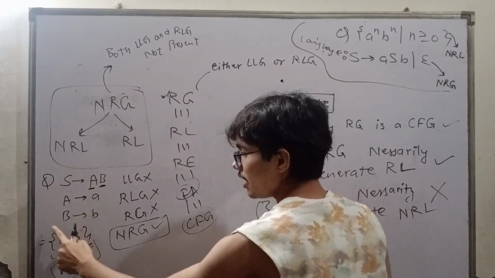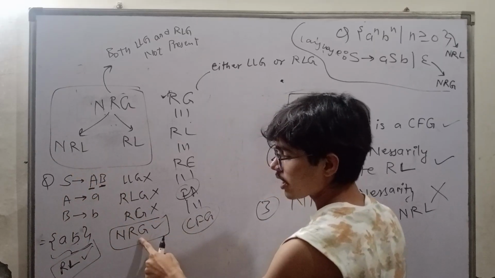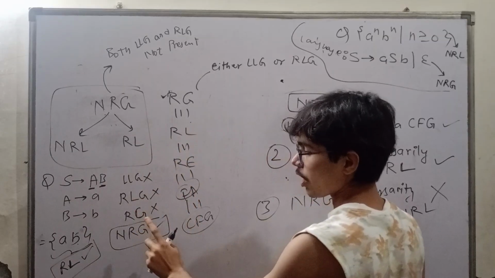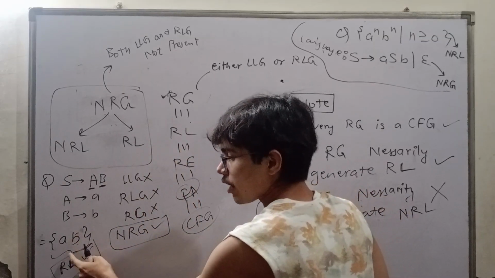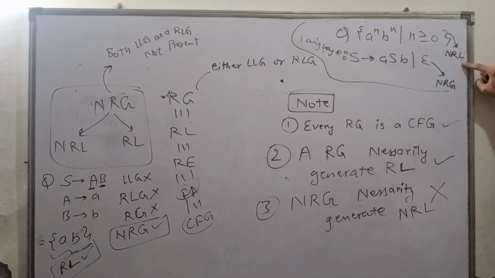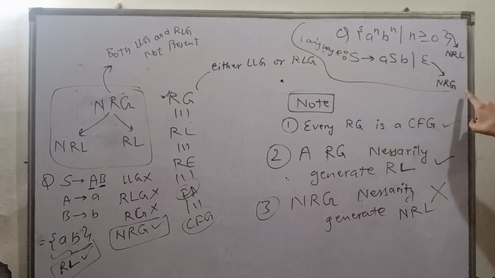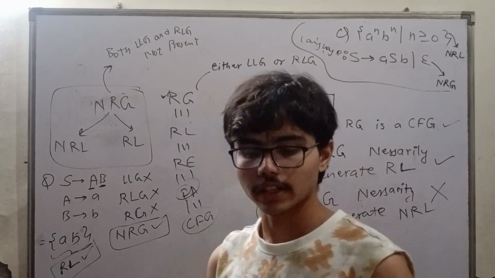Here, this grammar is a non-regular grammar, but its language is regular. And here we have a non-regular grammar, and we can generate a non-regular language. So these things are much more important from the GATE point of view.